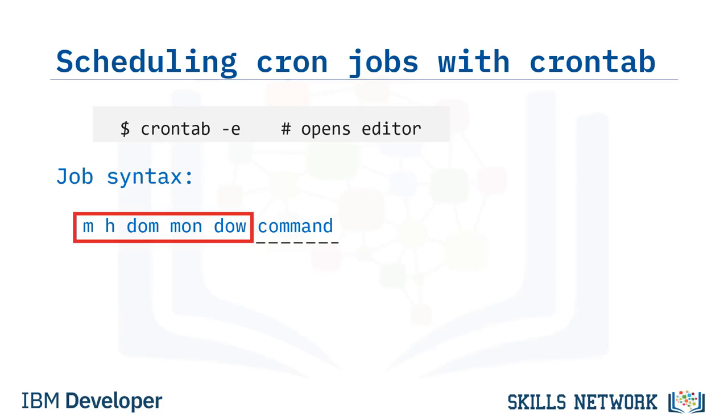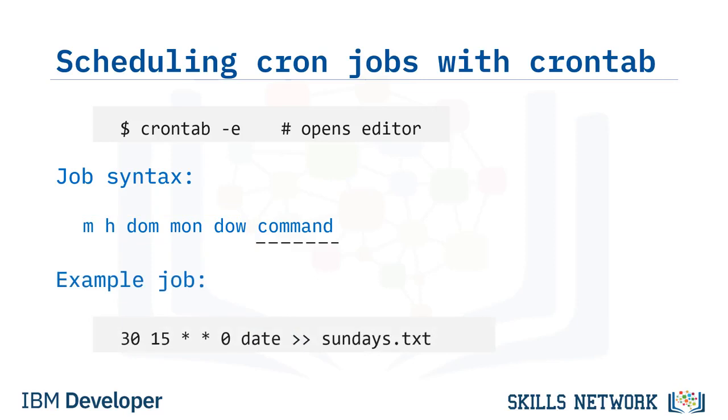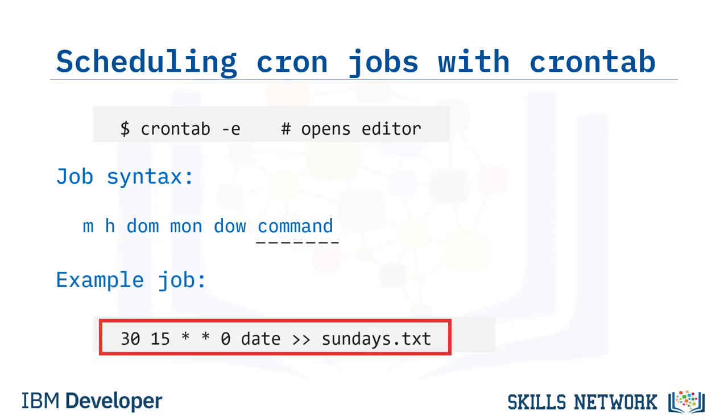All 5 positions must have either a numeric entry or an asterisk, which is a wildcard symbol that means any. For example, the following syntax means append the current date to the file sundays.txt at 15:30 every Sunday. Closing the editor and saving the changes adds the job to the cron table.